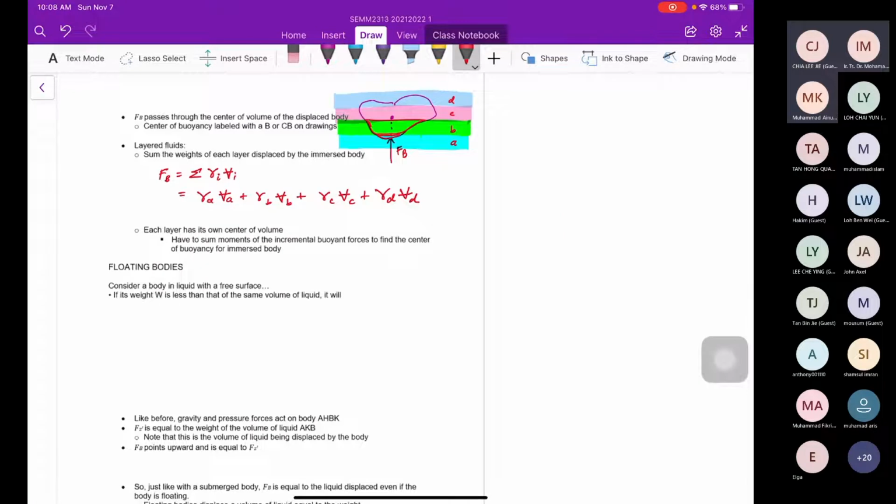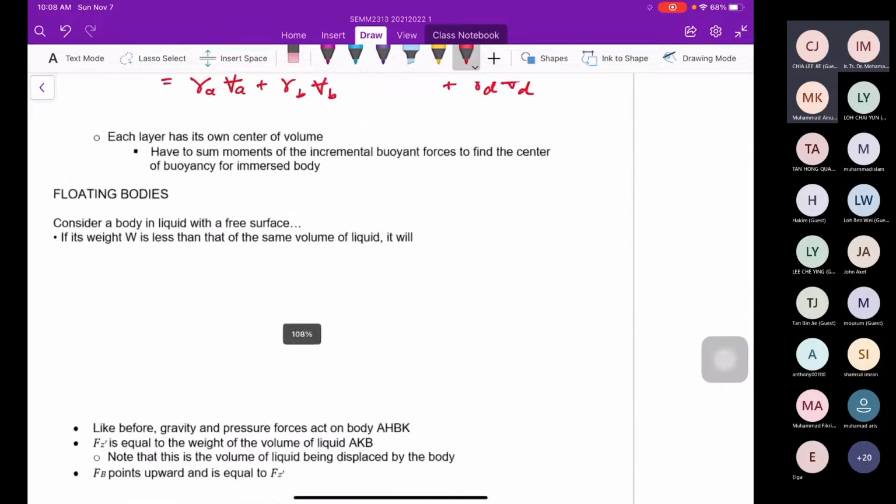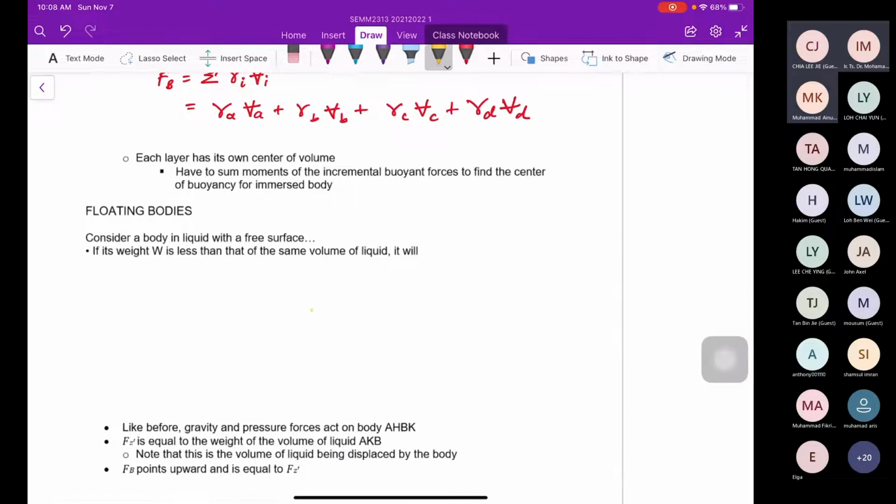So the floating body: consider the body in a liquid with a free surface. For example, we have a body at the free surface. That means some part of the body is exposed to the air or atmosphere. This is water.